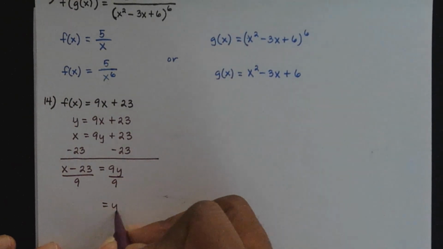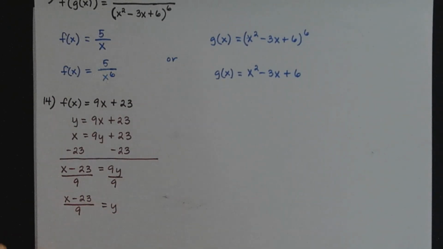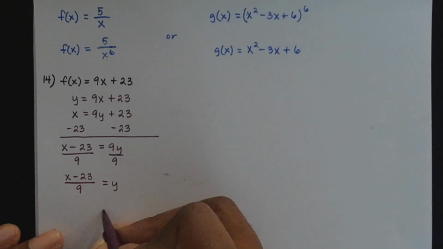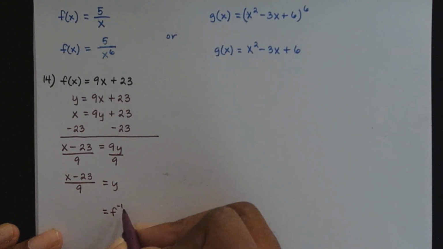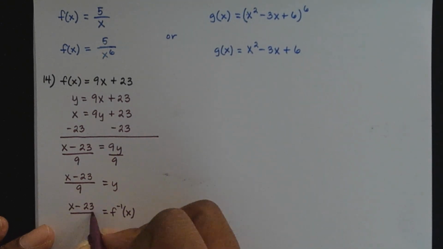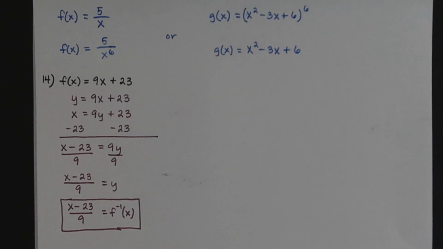So y is equal to x minus 23, whole thing divided by 9. And then the final step would be to replace that y with the notation f inverse of x. So f inverse of x would be x minus 23, the whole thing divided by 9. Okay. Are there any questions about problem number 14?